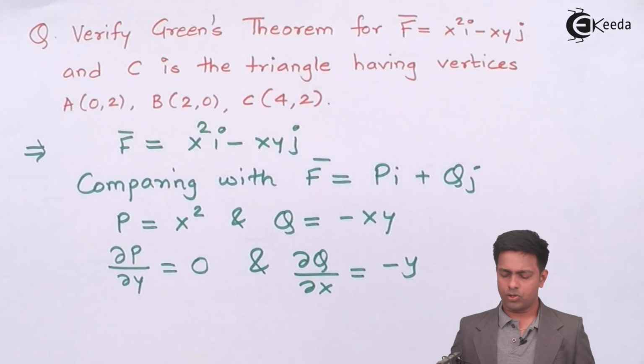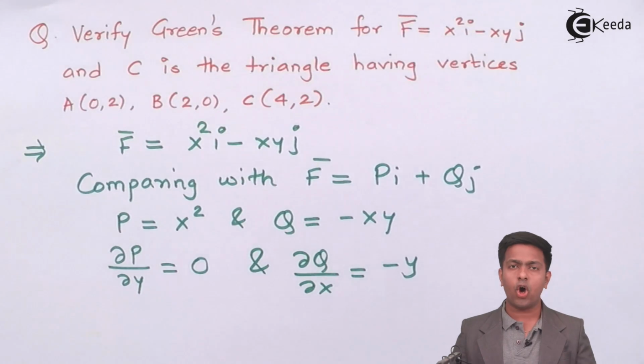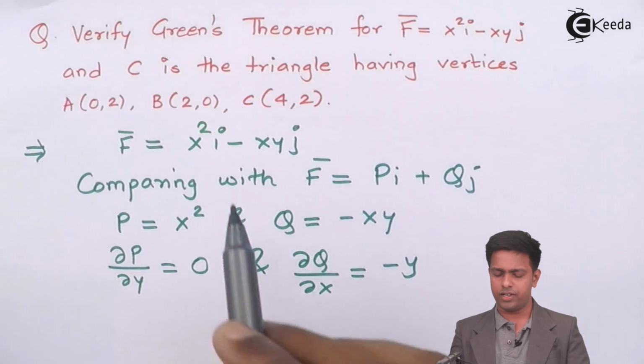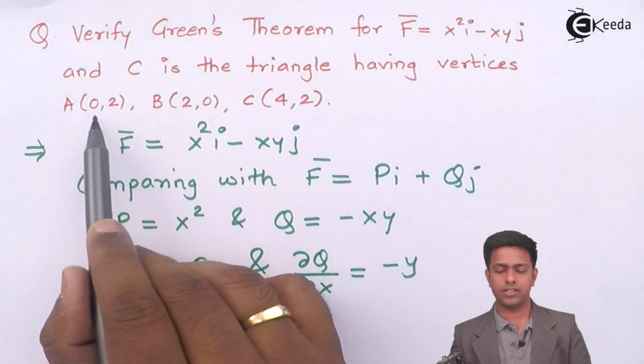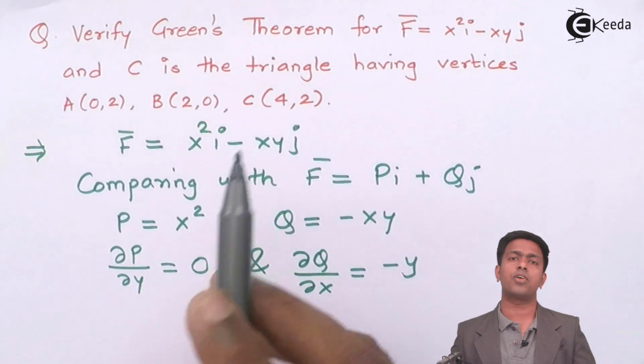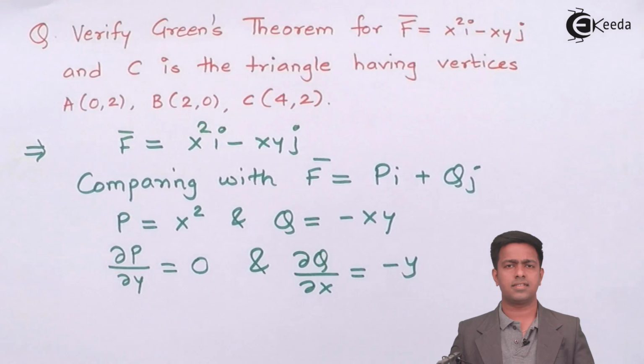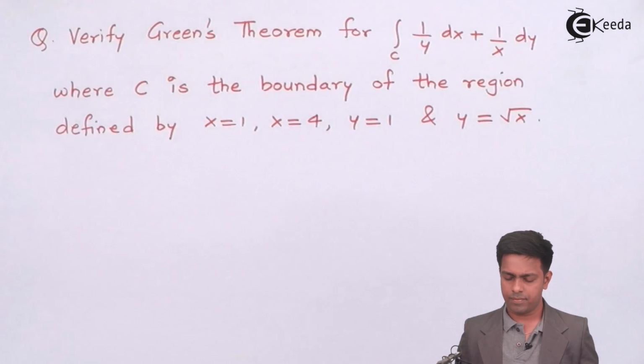So let's start. On the next page I'll draw the given curve. Here it is given that C is a triangle having the vertices, the first vertex is (0, 2), then (2, 0), (4, 2). I'll plot it on the XY axis randomly.